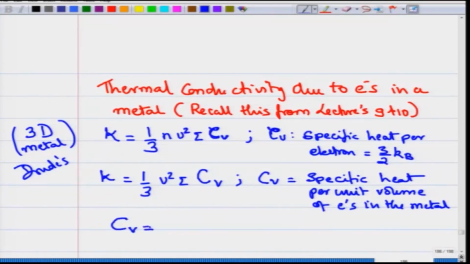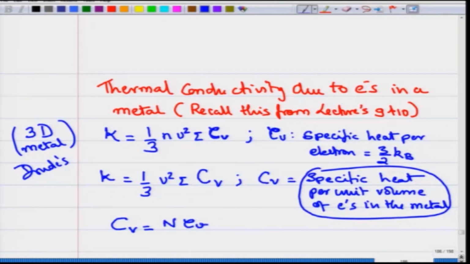Capital C v, which is the specific heat of the electrons per unit volume of the metal, is equal to the total number of electrons into the specific heat per electron divided by the volume.